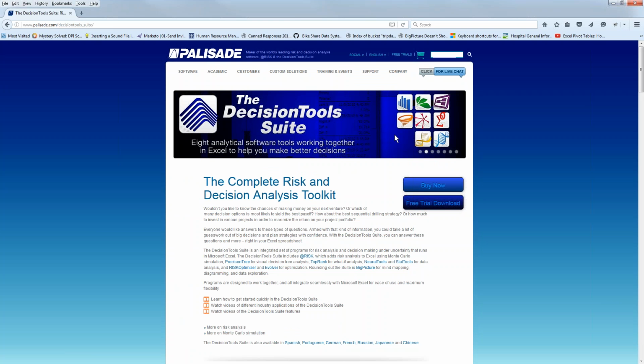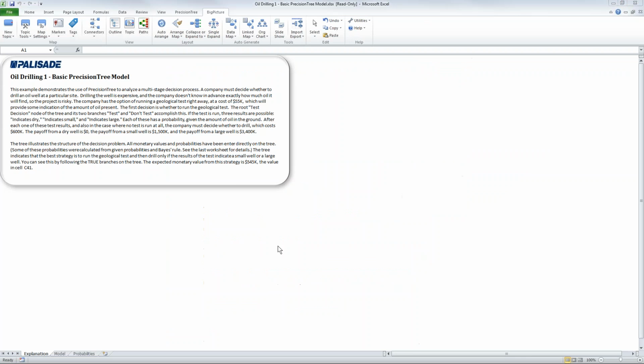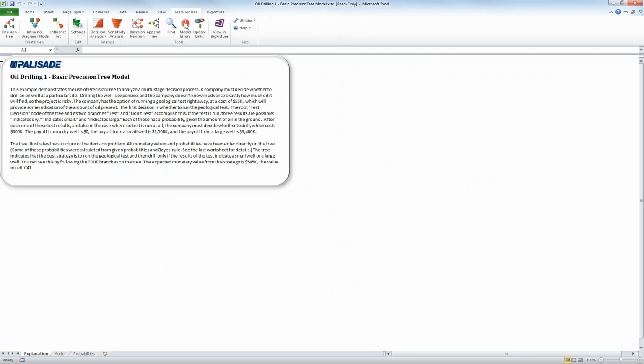So let's first of all get started with our PrecisionTree program. I'm going to just go ahead and close this out here, and we're going to open up our PrecisionTree application here. So basically, what is PrecisionTree?